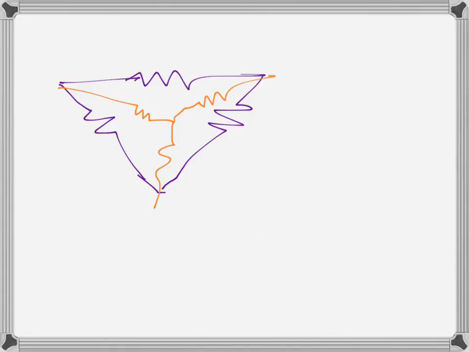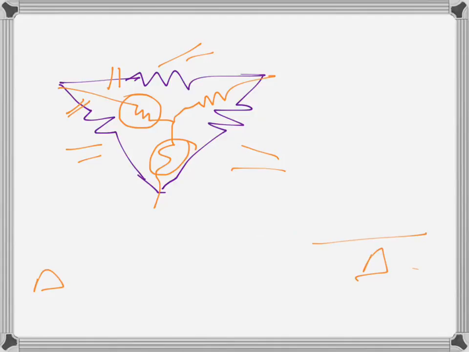When I want to find this one, it will be the product of this one and this one on the numerator. And the denominator will always be the same. It will be the sum of all three resistances. Let's call it delta or something. Sometimes we write it like that.